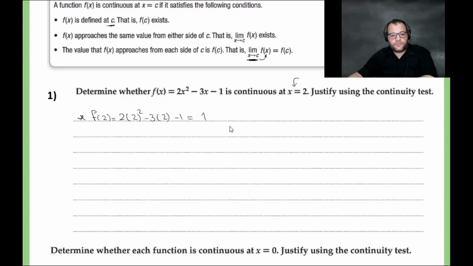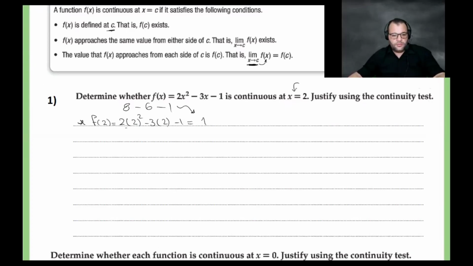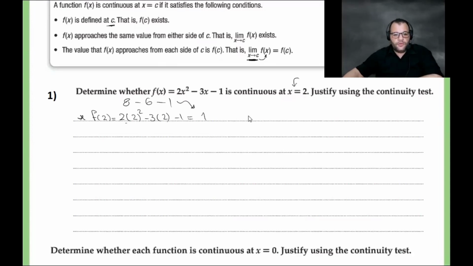Yeah, because 2 times 2 to the power of 2 is 8, minus 6, minus 1, so 8 minus 7 equals 1. Then f of 2 equals 1. I accidentally put equals a square earlier. You got the idea for this one?